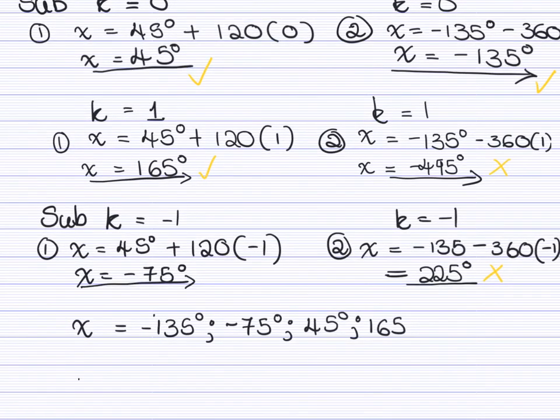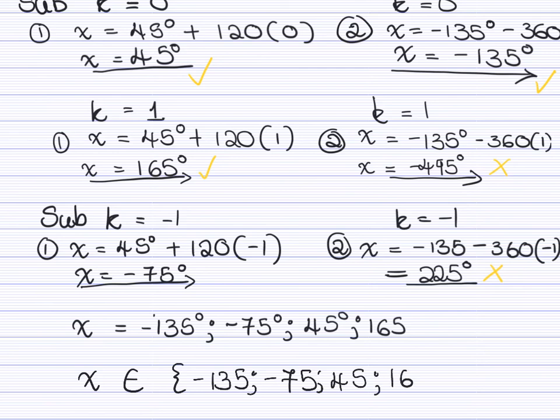So your textbook and some of your question papers will have answers such as the following: x is an element of the following set: {−135, −75, 45, 165}.